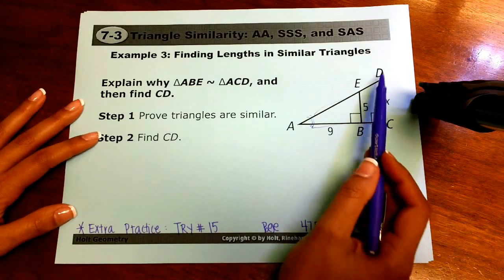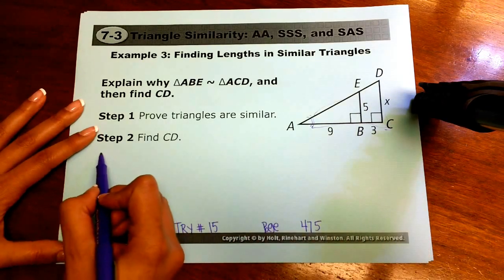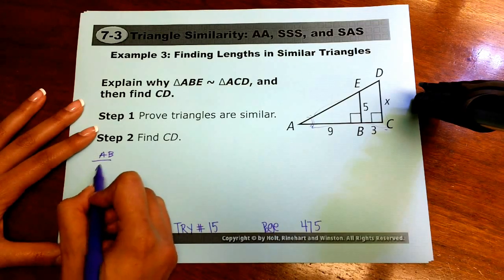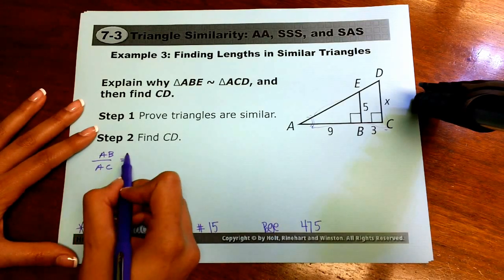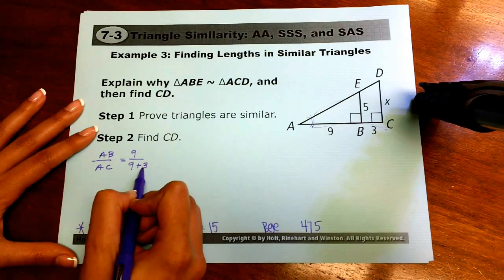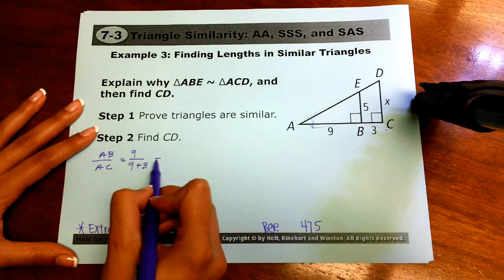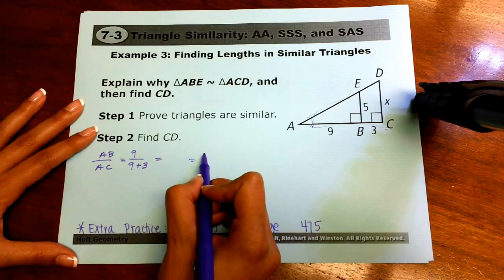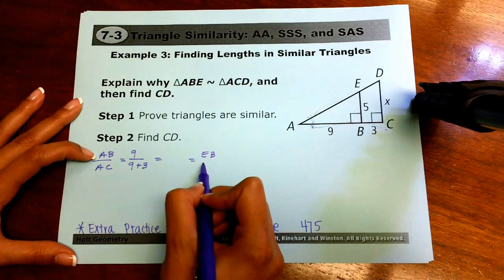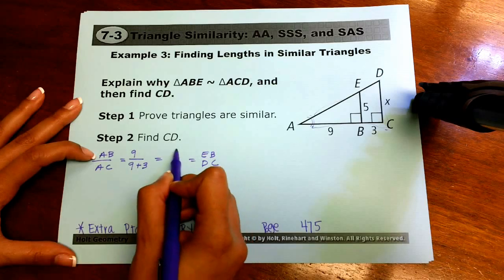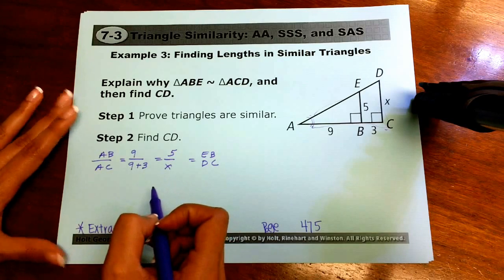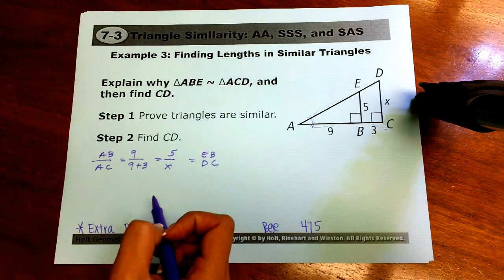Now I need to find CD. So I can say that AB over AC. AB is 9. AC is 9 plus 3. And that ratio is going to be the same as the smaller one, EB over DC, and EB is 5 and DC is x. So then I can use cross products to find my answer.